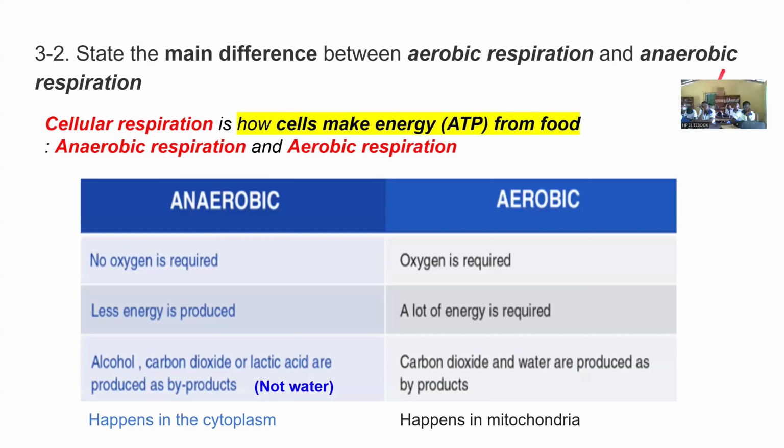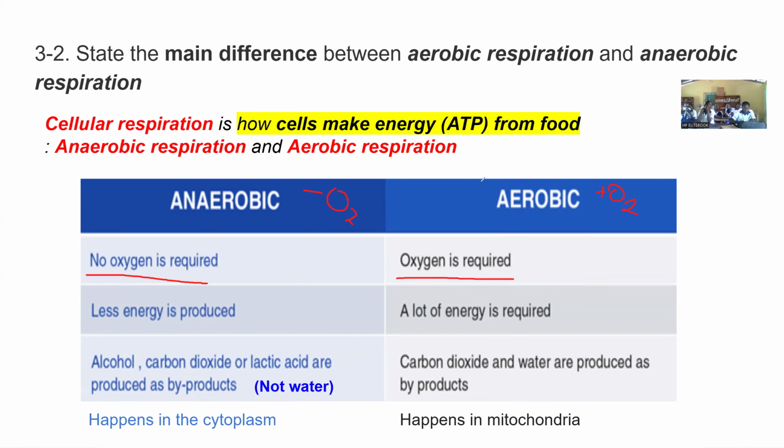And here is the connection part where it asks us to state the main difference between aerobic respiration and anaerobic respiration. And we already talked about a few. So aerobic means oxygen is required. So this is plus oxygen, and this is minus oxygen. It does not require oxygen to go through anaerobic respiration.